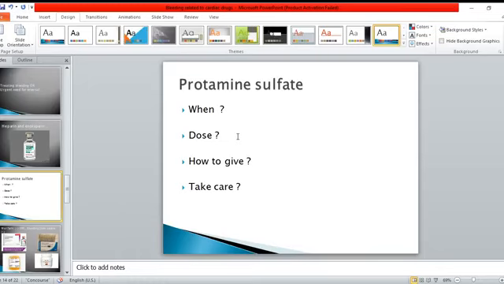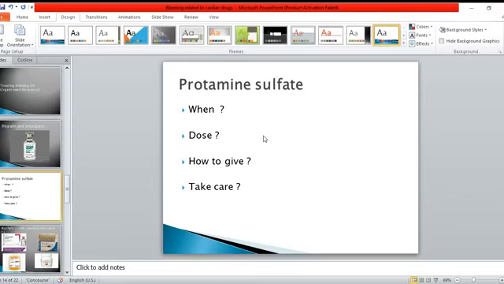And if the last dose was from 30 minutes to 2 hours, we give half the dose, so we give only 25 milligrams. If it was more than 2 hours, we give only 1/4 of the dose, so we may give only about 12 milligrams.